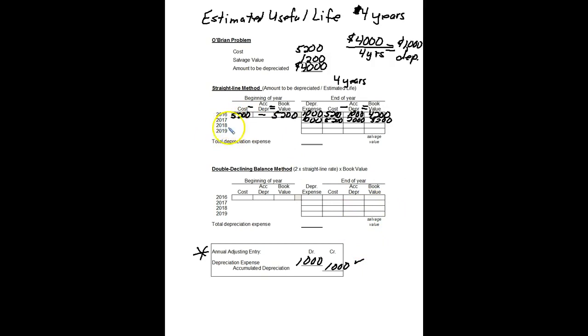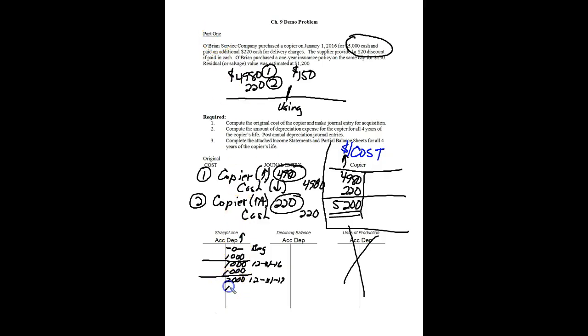So now the end of 2018 rolls around. Again, we make this same journal entry. Let's go post the accumulated depreciation. And now accumulated depreciation grows to $3,000 at the end of 2018.